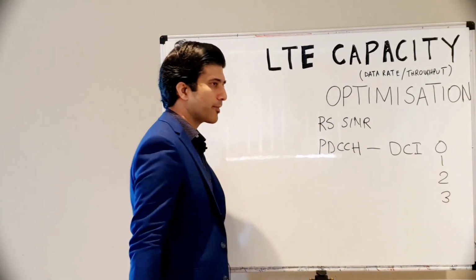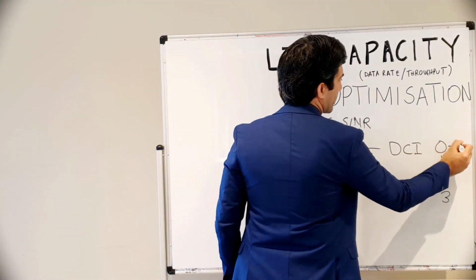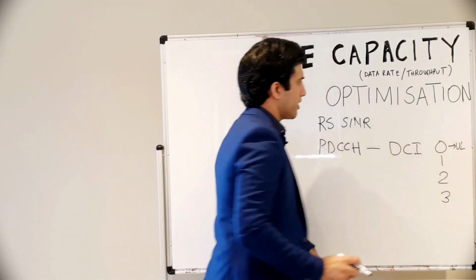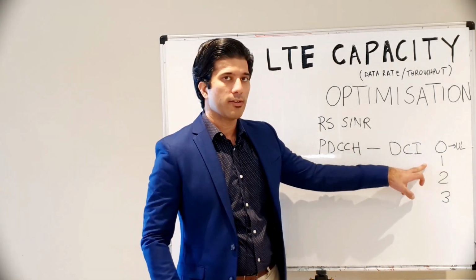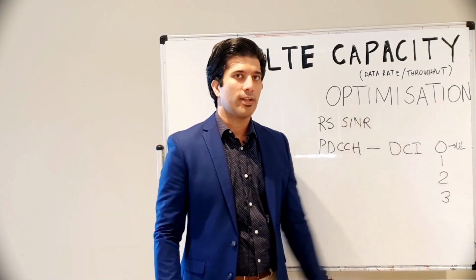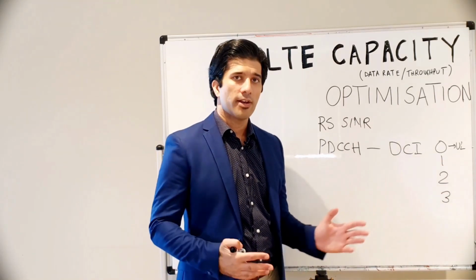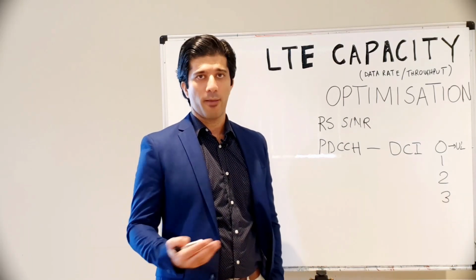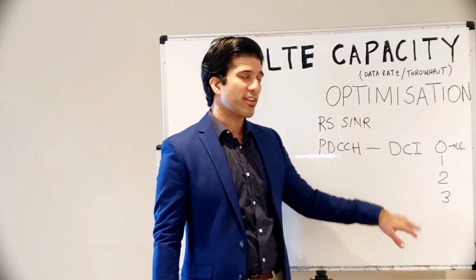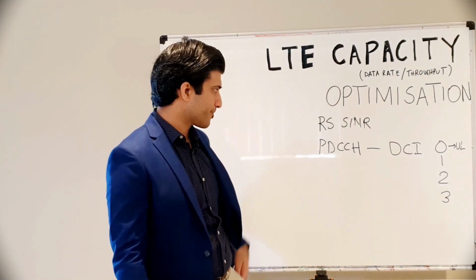The 0 is for your uplink grant, if you have been granted a resource in uplink, then you have 1, for your downlink, that you have been allocated a resource in downlink. Then 1 is divided into 1A, which is for preamble, for your PRACH, then 2 and 3 are defined for different other downlink mechanisms.